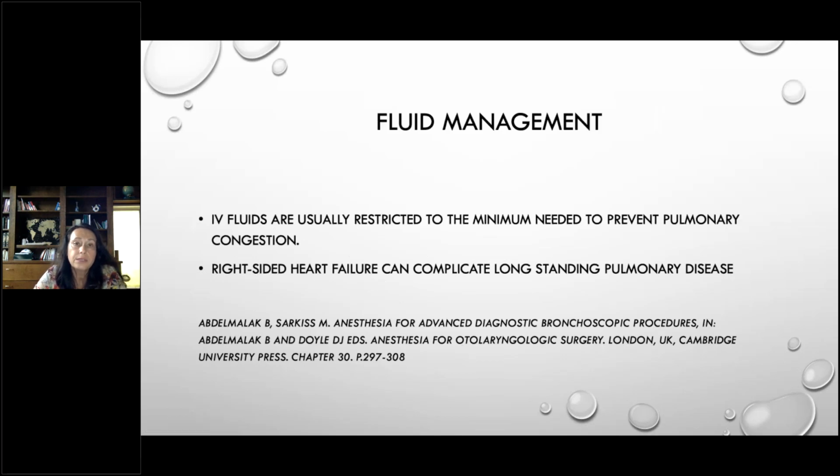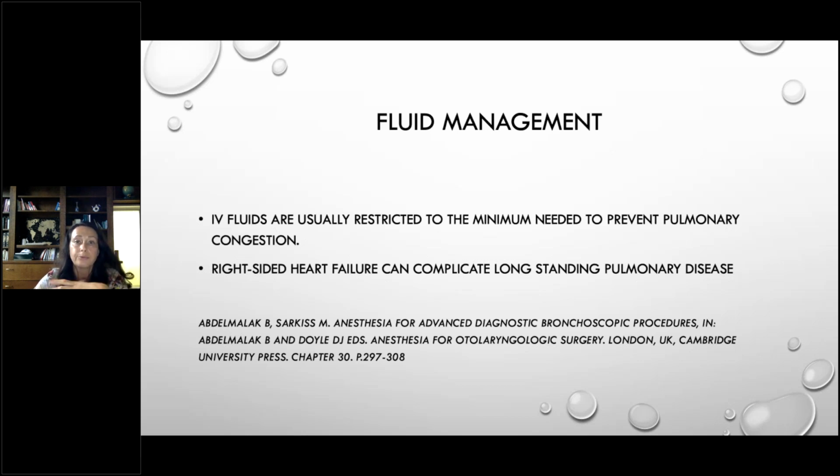IV fluids. The recommendation is to keep IV fluids to a minimum, especially in patients who have right-sided heart failure, like many chronic pulmonary patients. But unfortunately, it's not always possible when we're doing general anesthesia without muscle relaxation. We have to give a lot of agents, a lot of propofol, a lot of remifentanil, to prevent coughing.